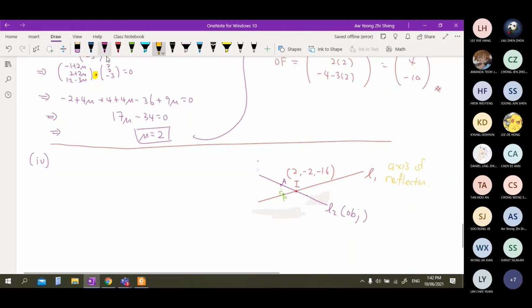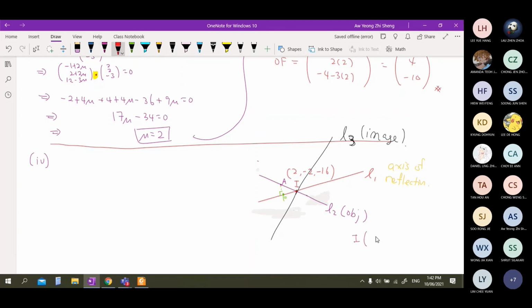L3 is the image. Here's your L3. This question, part 4, is actually quite easy because the information that you need is already available from the earlier parts. Earlier we have already found point I, and we have the vector OI, the final answer for part 2.